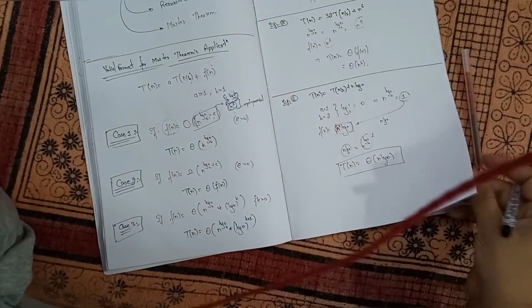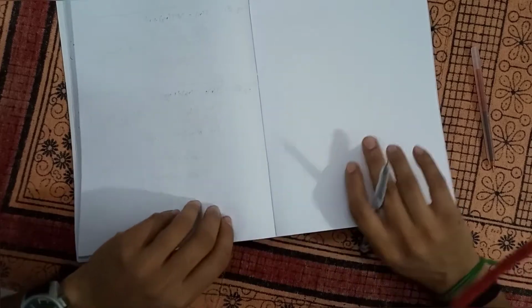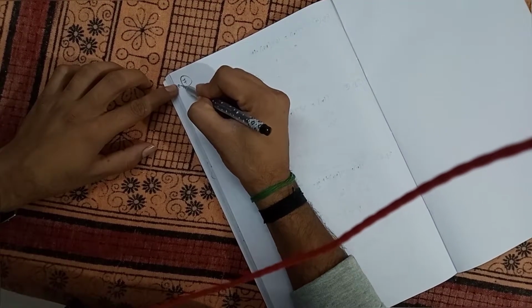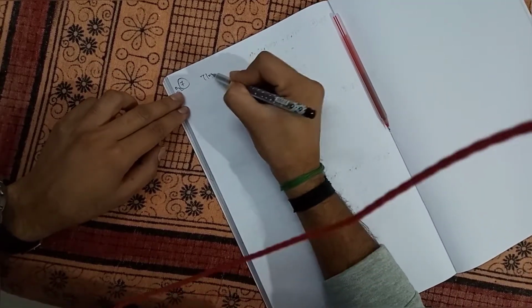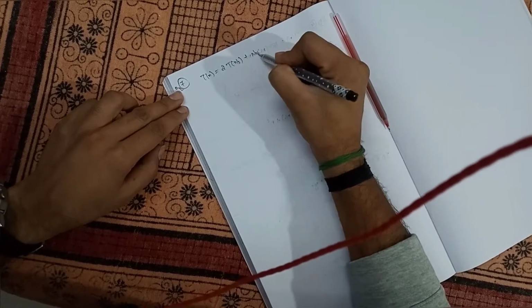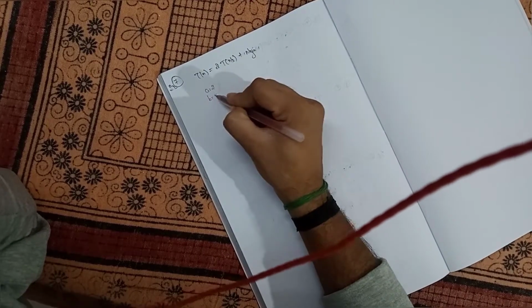Next question is example 7. Example 7 is given as T of n is equal to 2 times T of n by 2 plus n log n. So from standard format we can say a is equal to 2, b is equal to 2.